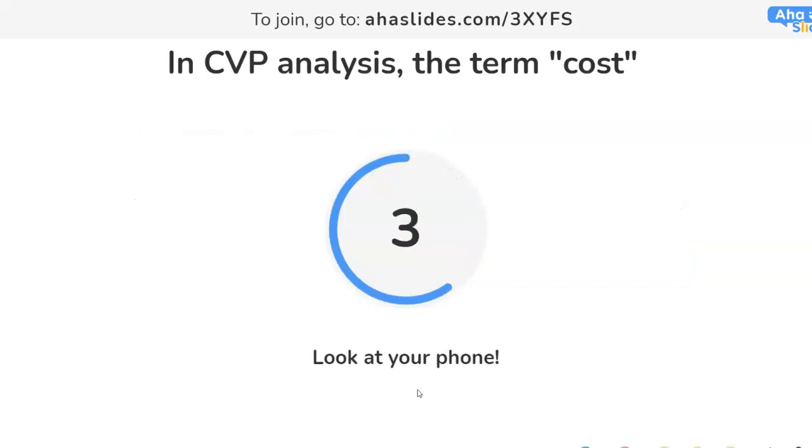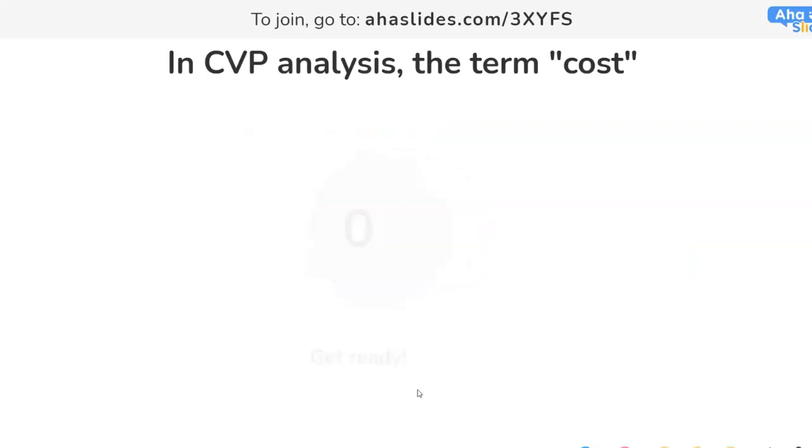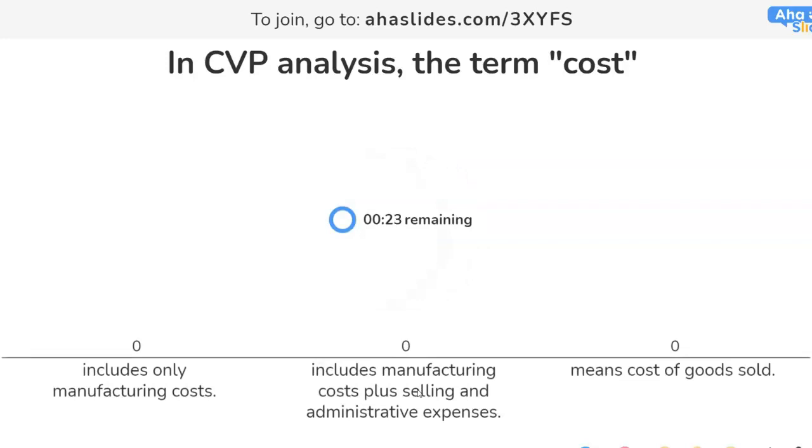In CVP analysis, the term cost, volume, profit. The term cost includes manufacturing costs, that's product costs, plus selling and admin or period costs, or cost means the cost of goods sold.